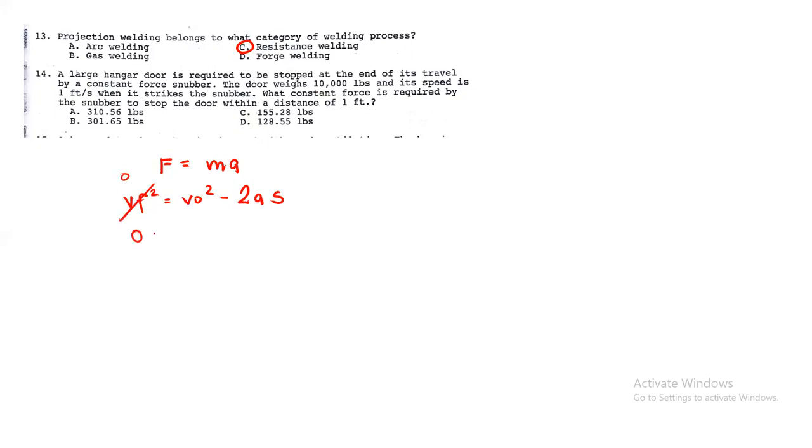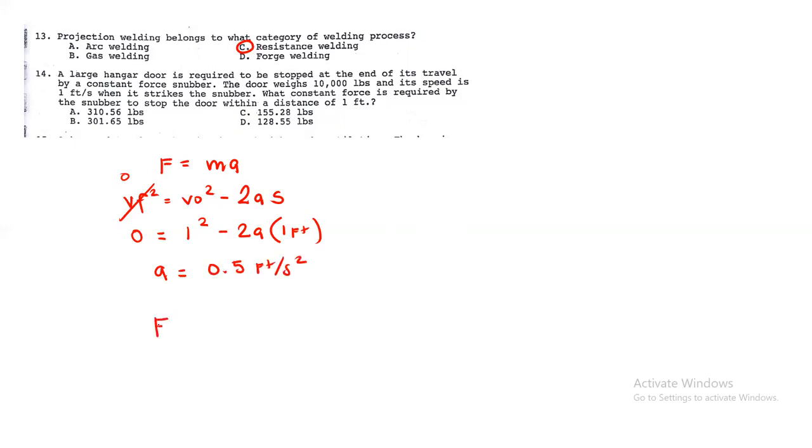So, 0 is equal to, yung Vo natin is 1 foot per second, so 1 squared minus 2 times acceleration times distance na 1 foot. Makuha natin dito, a is equal to 0.5 foot per second squared.